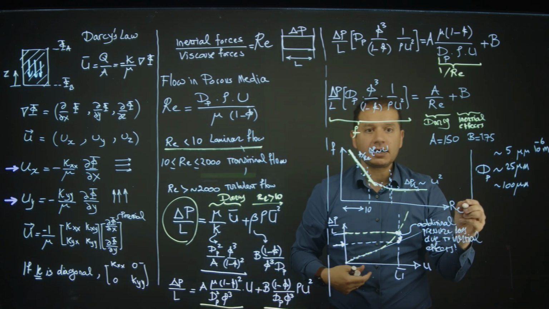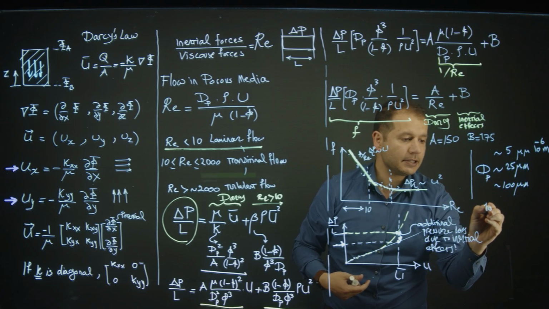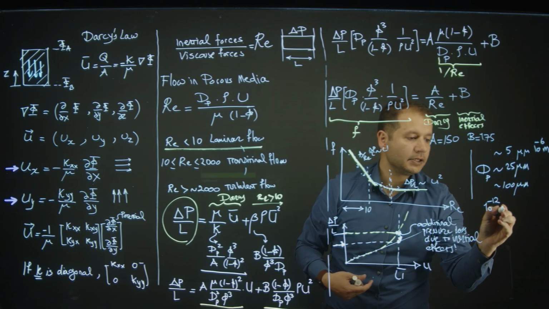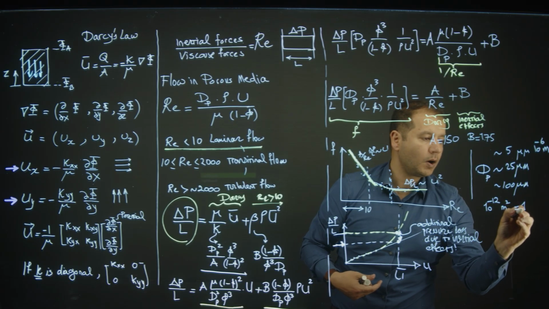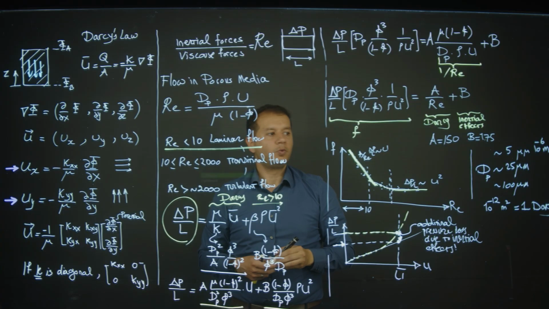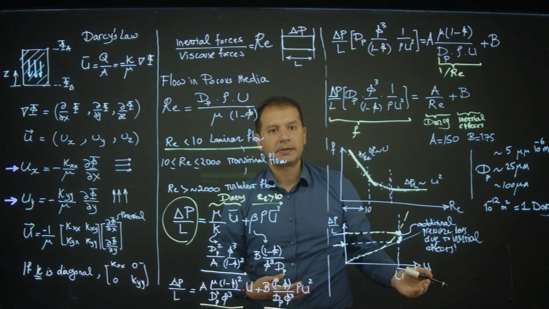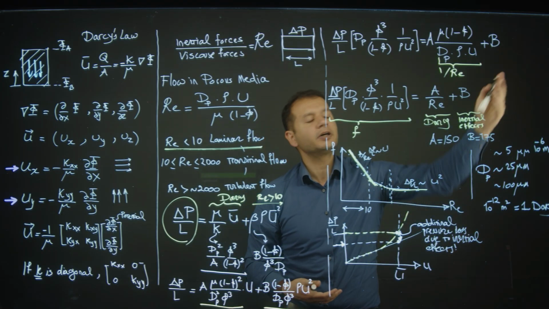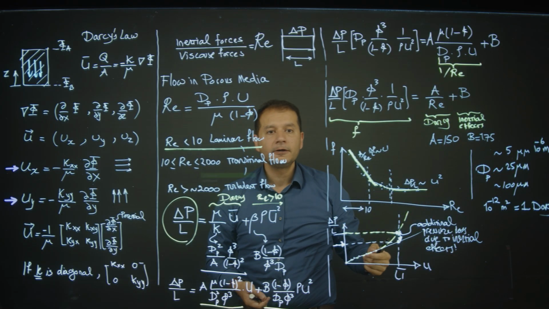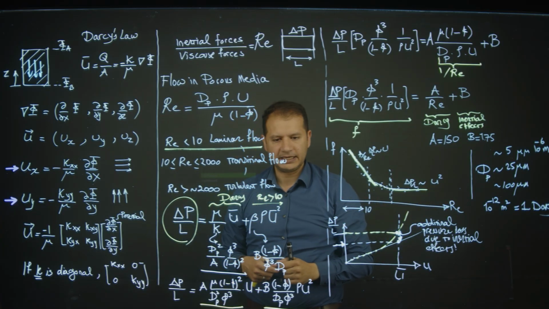So it's very convenient to define a unit of 10 to the power minus 12 square meter as 1 Darcy. 1 Darcy is 10 to the minus 12 square meter, because we are working with micrometer systems, and when a micrometer is squared, it will be 10 to the minus 12. So that's the scaling thing that I wanted to clarify in the beginning.